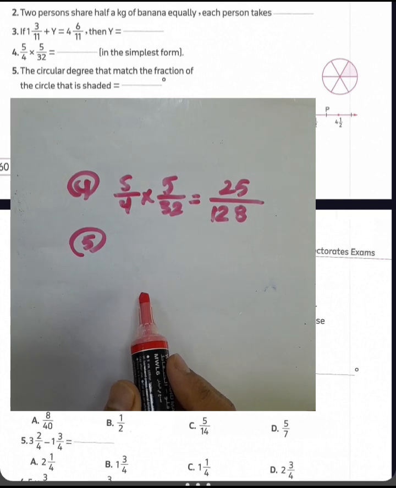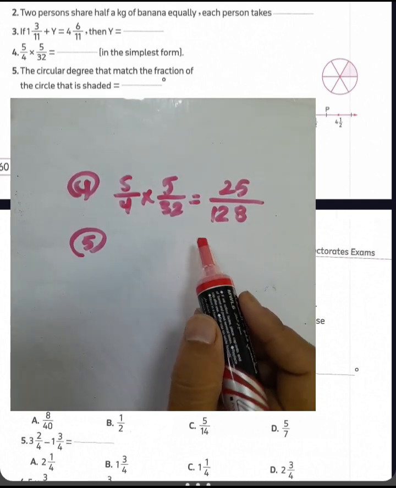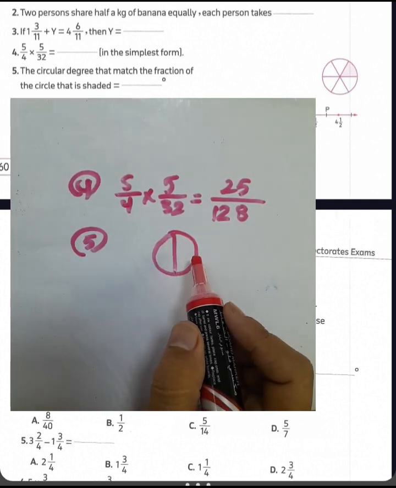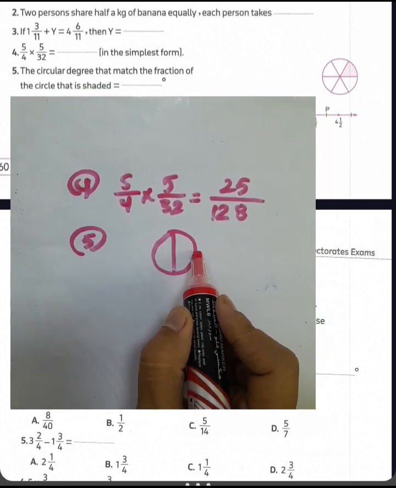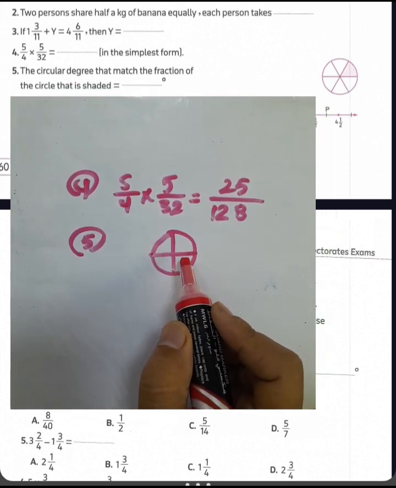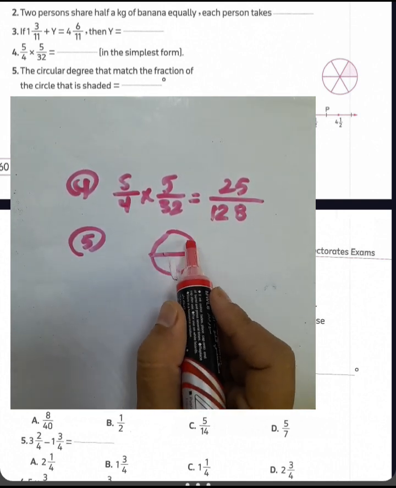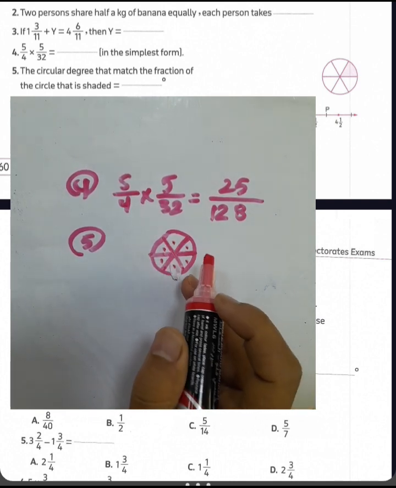Question number 5. A circular diagram that matches the fraction circles. Here we have a circle, and it is divided into equal parts. How many parts? We have 1 2 3 4 5 6.